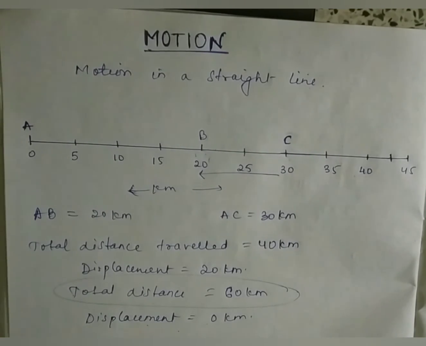But your displacement at the end of the day is 0. Why? Because displacement only depends upon your initial position and your final position and not on the actual path taken from your starting position and your final position. So I hope the difference between distance and displacement is clear.